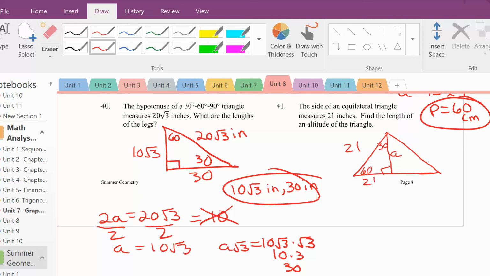So this is 21 halves, because it's half of 21. So then the altitude would be 21 rad 3 over 2, because it's rad 3 bigger than the shorter leg. So it's 21 rad 3 over 2 inches.